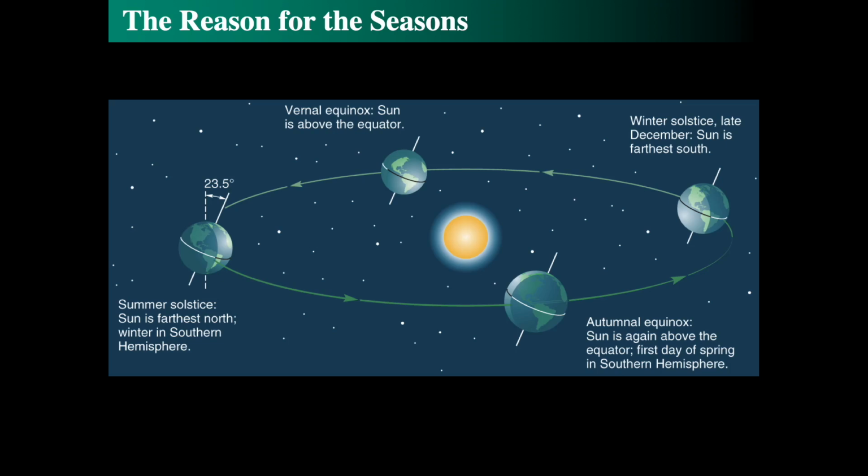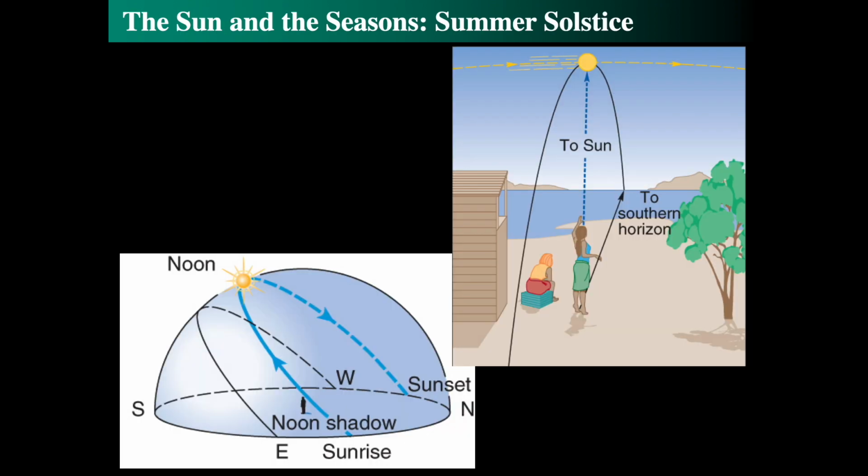The northernmost point is around June 21, and the southernmost point, the winter solstice, is about December 21. The equinoxes are the places on the celestial sphere where the sun crosses the celestial equator. That's about March 21st for the spring, and the autumnal equinox is about September 22nd. So let's see what the effect is on that.